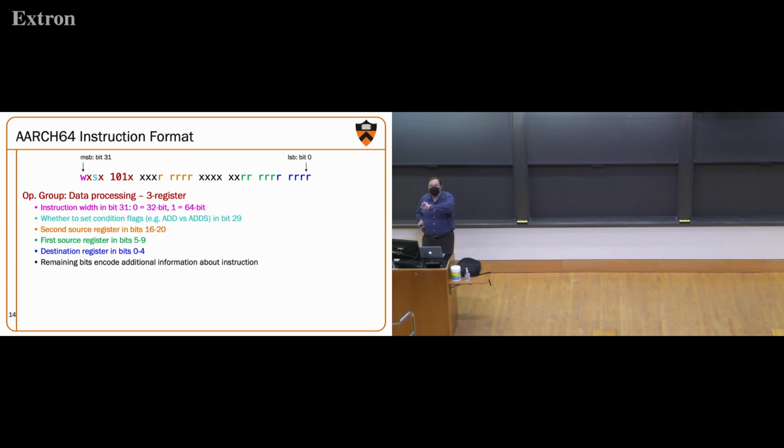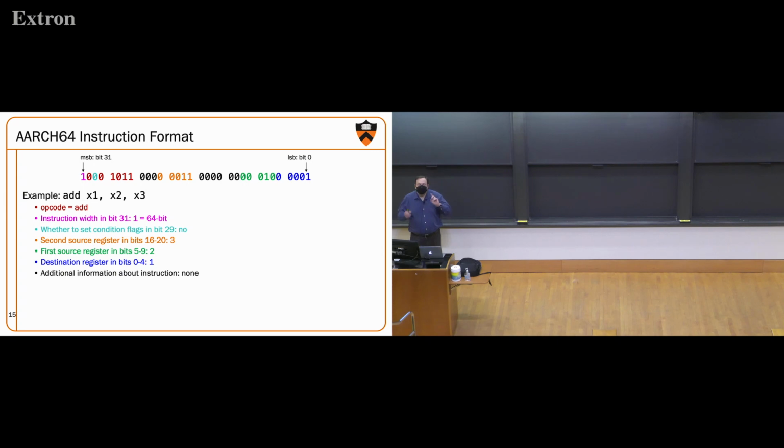Or going the other way, if you need to generate the machine language version of an add instruction, start creating it bit field by bit field.